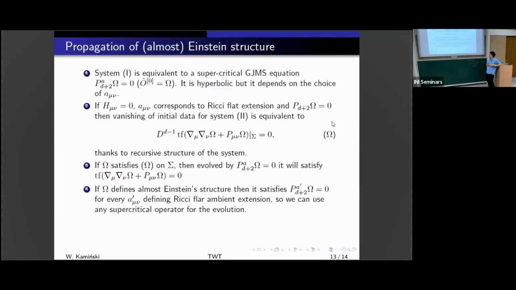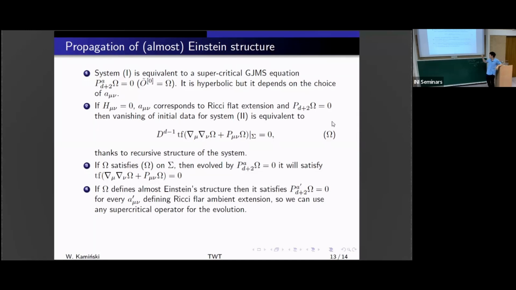Though it looks very strange because there is a choice. We're choosing some A for propagating this omega. So what happens if we choose another A? Something very funny happens. It turned out that, of course, this P depends on A. So typically, if we have a solution of P for one A and P with another A, they will be different.